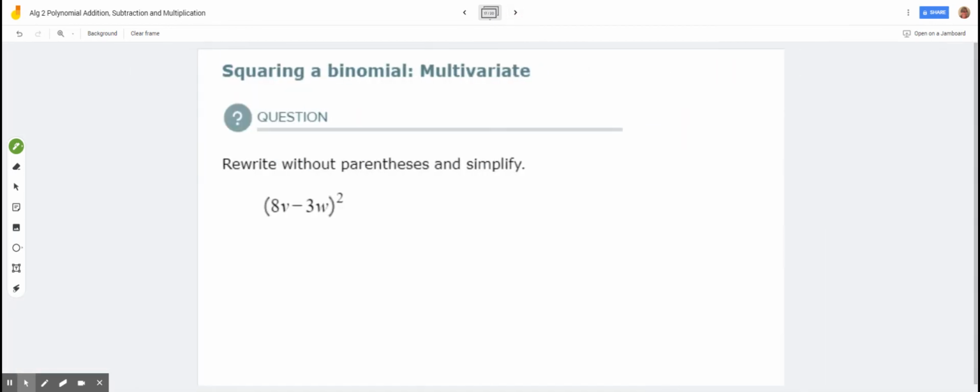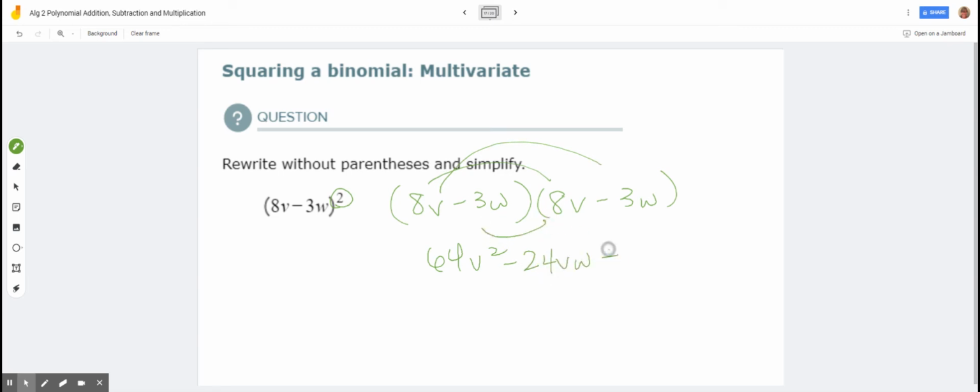Now we're looking at one with a minus sign. Notice it's a square. Rewrite it. 8v minus 3w times 8v minus 3w, 64v squared minus 24vw minus 24vw plus 9w squared.